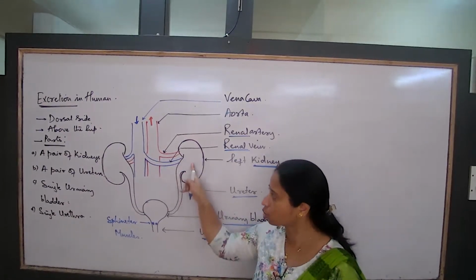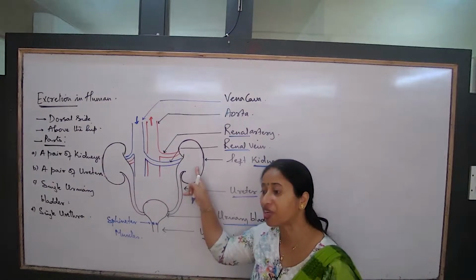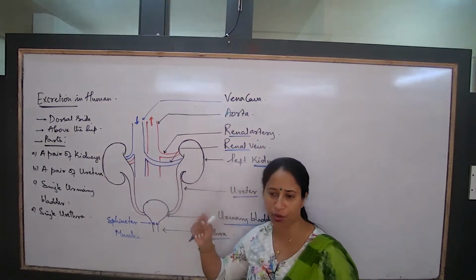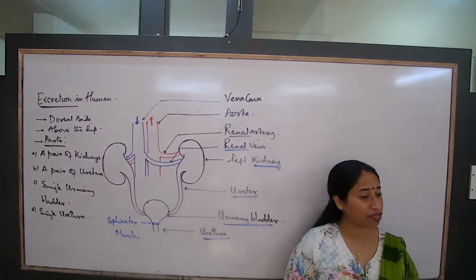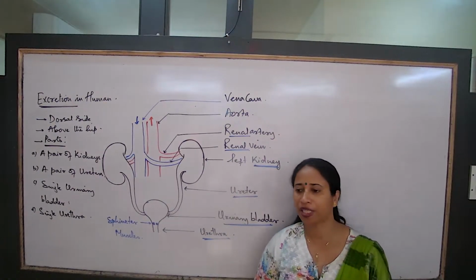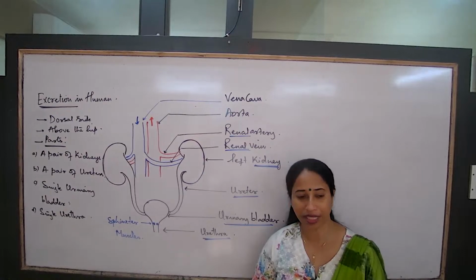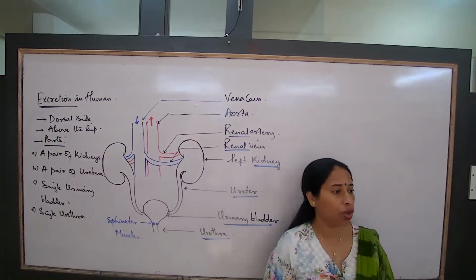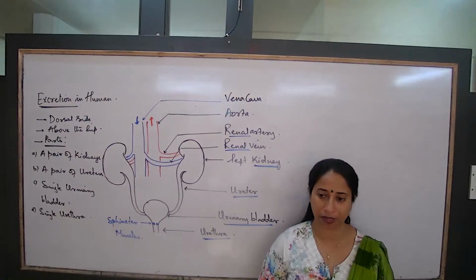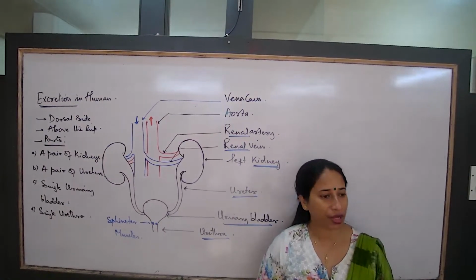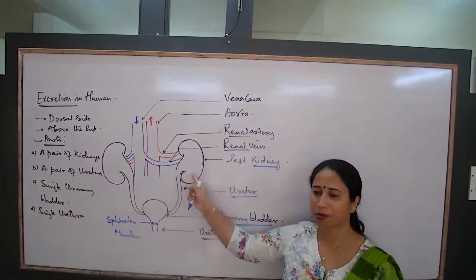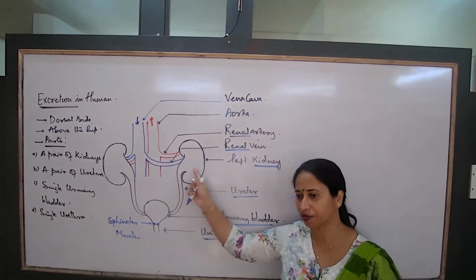And we have already understood the function of the kidney: filtration of the blood. But if the blood is already oxygenated, why the need for filtration? Because the blood already contains a whole lot of waste substances, mainly nitrogenous waste substances, which are to be filtered here.